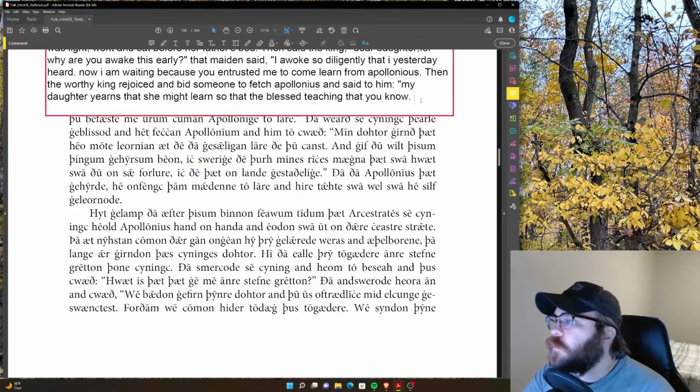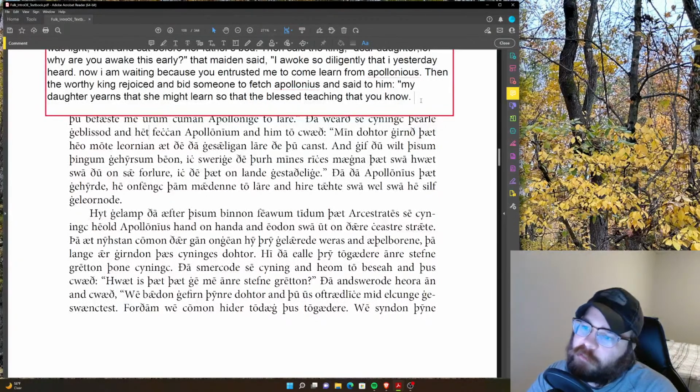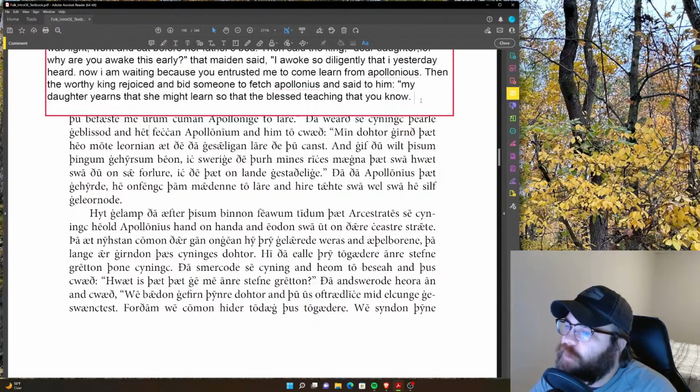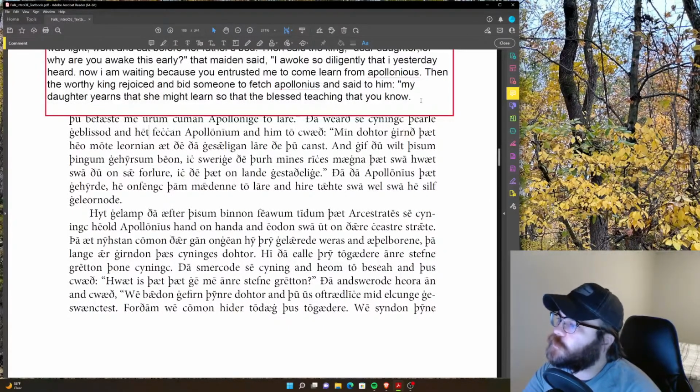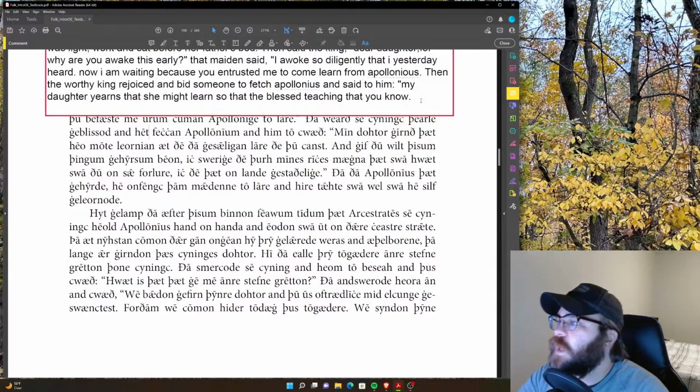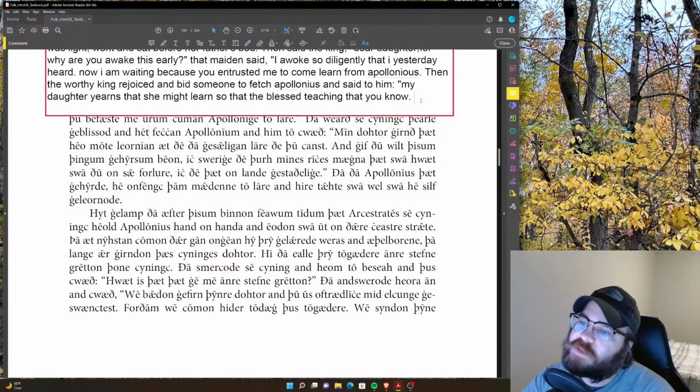And if you wilt thisum thingum, my favorite phrase in Old English, thisum thingum, which means "buy this thing." And if you will buy this thing, yehirsum.